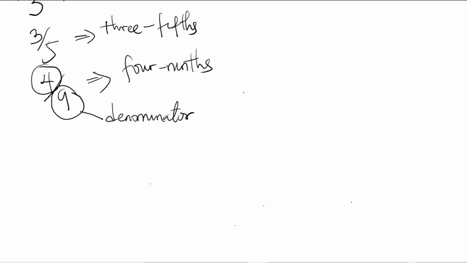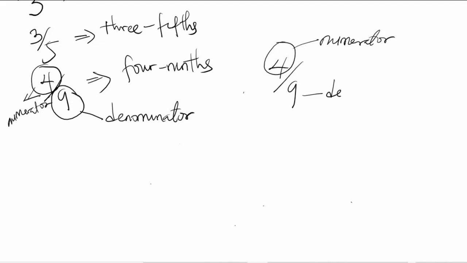The numerator shows the number of parts in the fraction. I'll write it clearly over here: 4/9. This is the numerator, and this is the denominator.